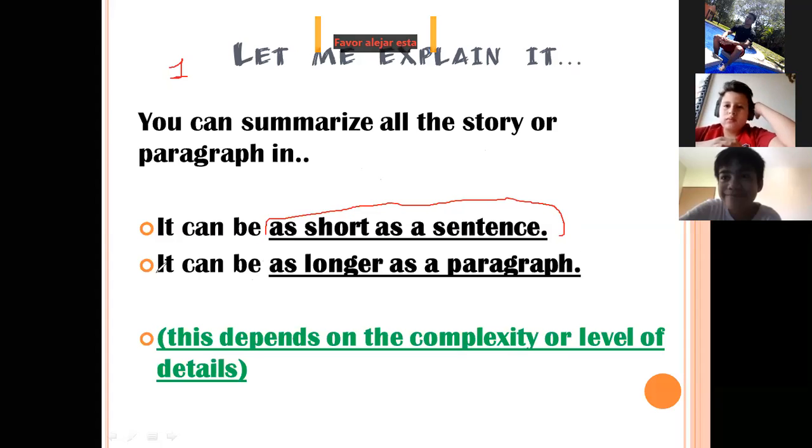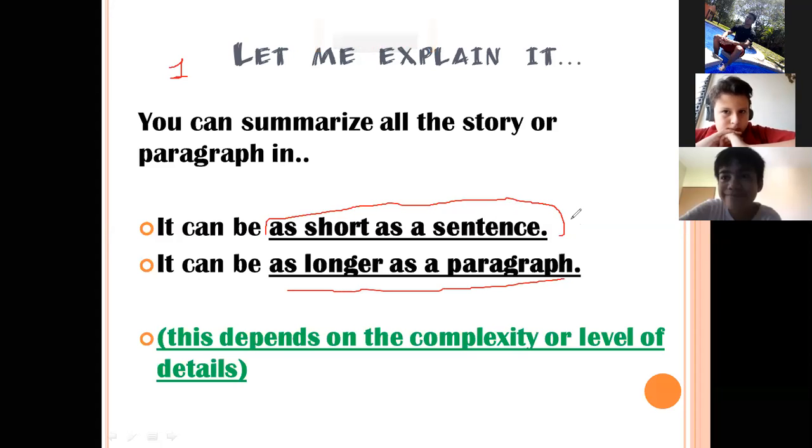So the second option, my summary can be as long as a paragraph. So this is the second option. You can write it. It could be as short as a sentence or as long as a paragraph. Yes, copy those options. These are the two options that you can do. Actually, we are going to learn more options, more tips, on how we can create a summary.